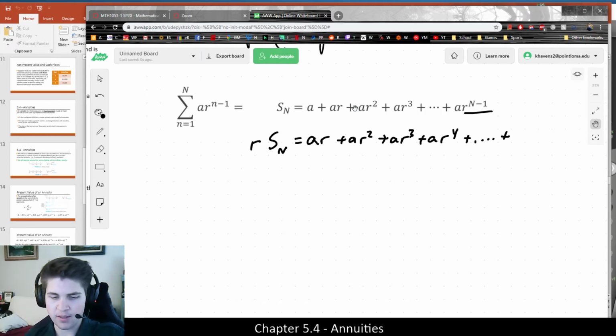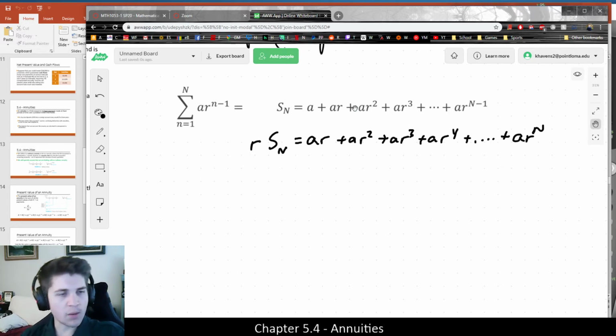That would leave us with ar to the n. A simpler way of looking at this is, when we multiply by r, all of the degrees of the r's increase by 1. It goes from 0, 1, 2, 3, etc. to 1, 2, 3, 4, n. And so n minus 1 increased by 1, because that's what they all did.